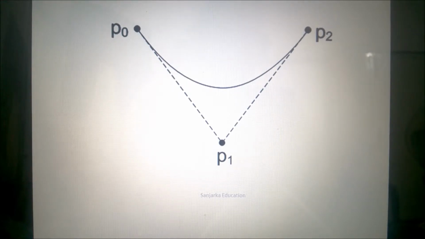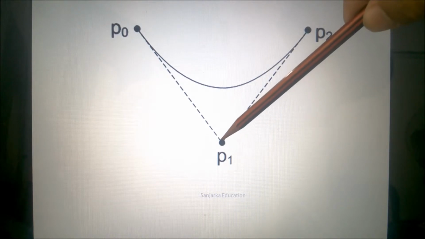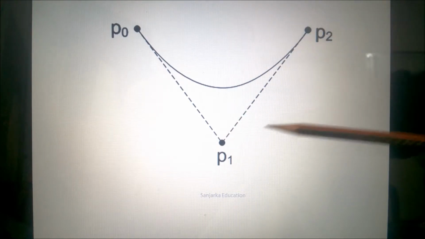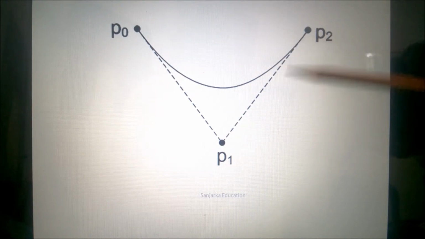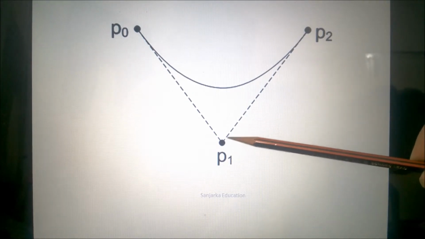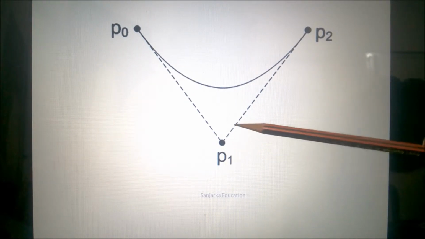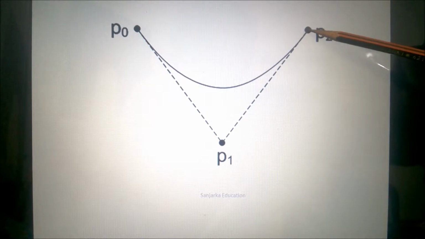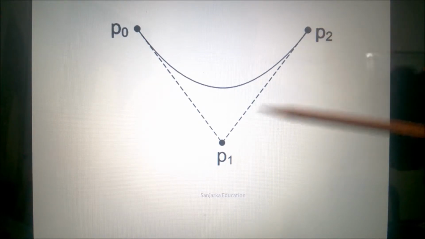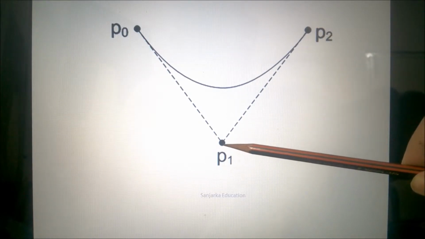Second property, you can see that at the start, the slope of the curve is along the line joining the first control point and the next control point. Similarly, when the curve ends, the slope of the curve is along the line joining the last control point and the previous control point.